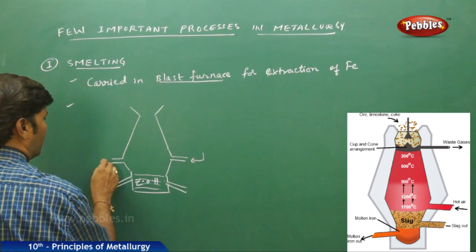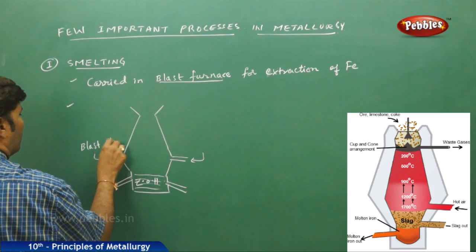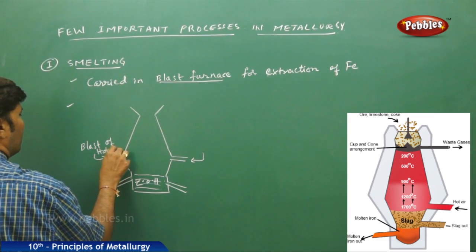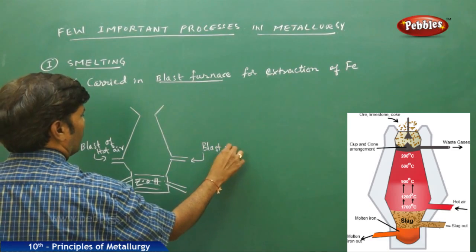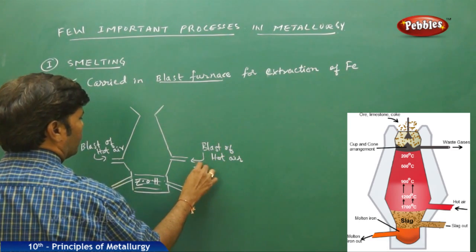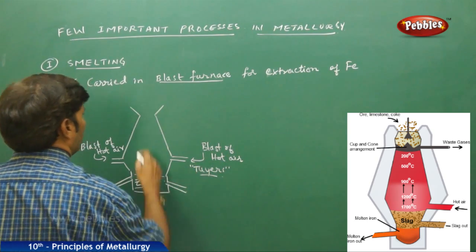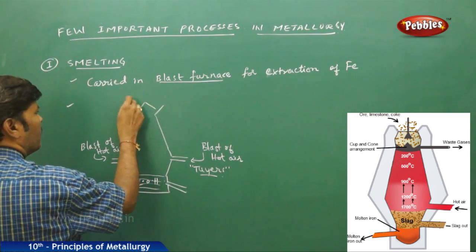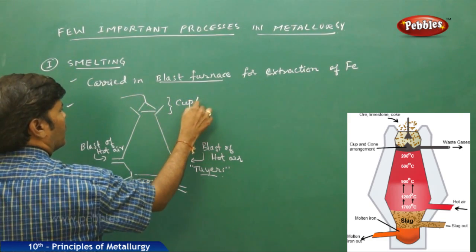This is a blast of hot air. Here also a blast of hot air. Otherwise this chamber is also called the tuyere chamber. And this is the hopper. This is the hopper cup and cone arrangement.